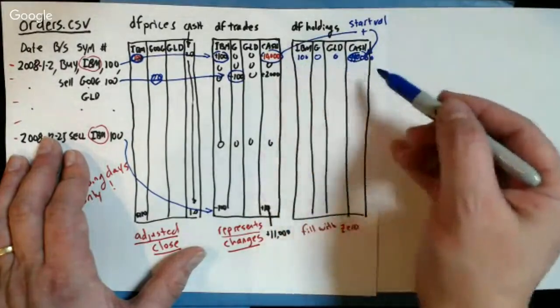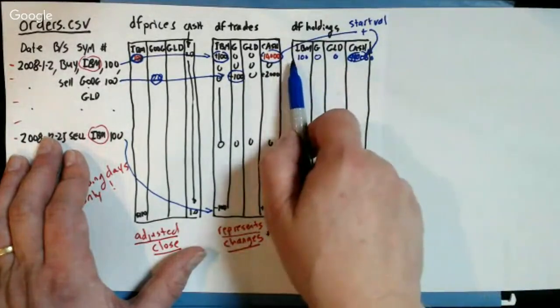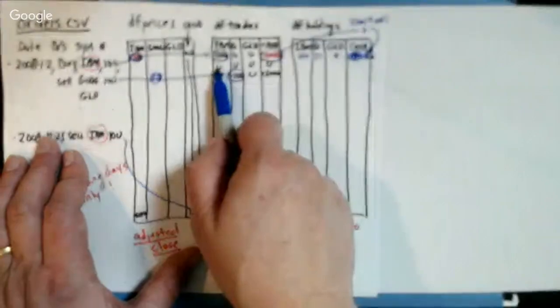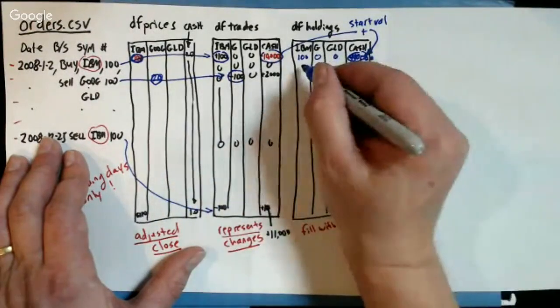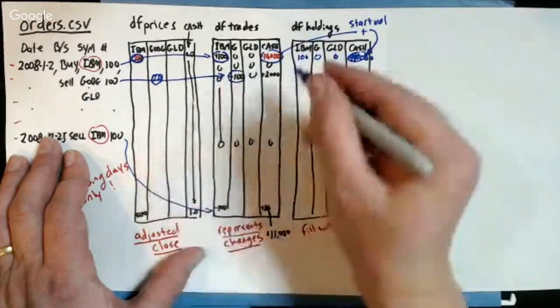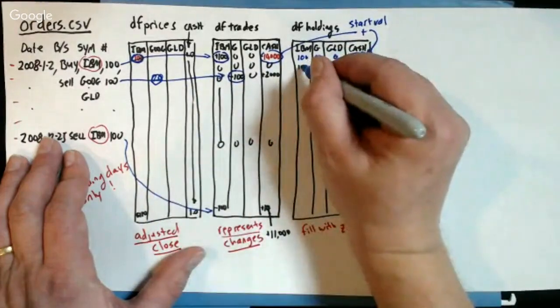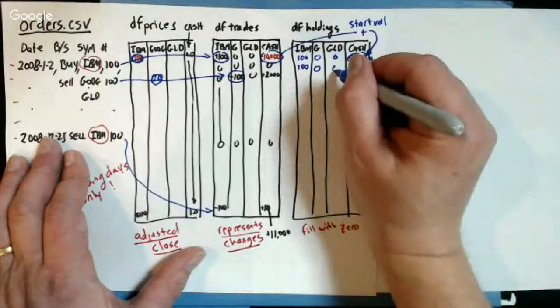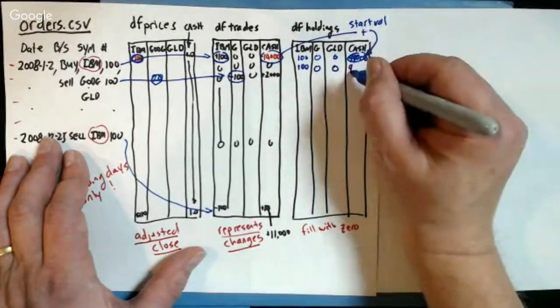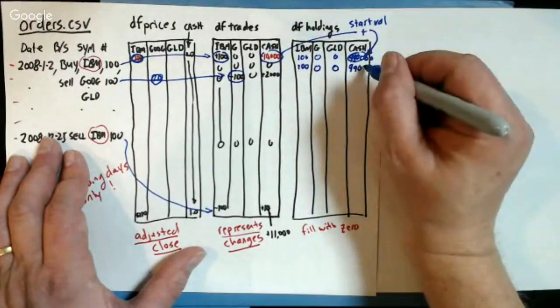And what we do for each row here is we take the row above and we add to it this delta change. So on this second day, there was no change in anything. So we still have 100 shares of IBM. We still have 0 of Google, 0 of gold, and we still have $990,000.